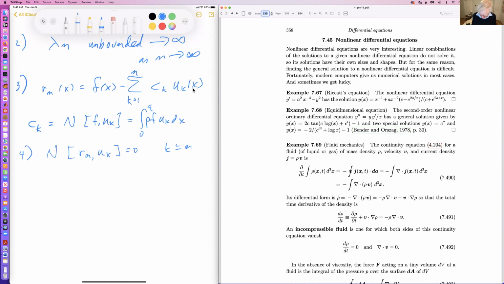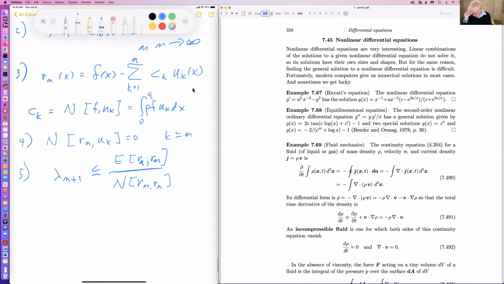And so the inner product of the remainder with the eigenfunctions is 0. The next thing is that you can basically have that the n plus first eigenvalue is less than or equal to this inner product of Rn with Rn divided by the norm of Rn with Rn.